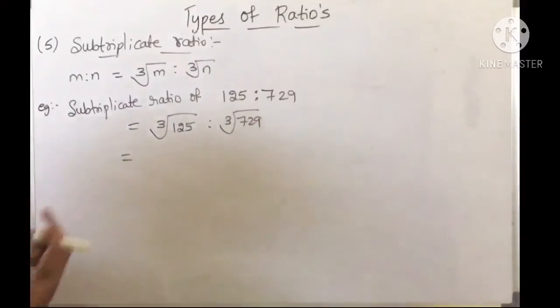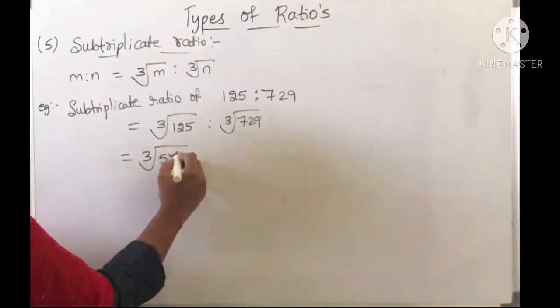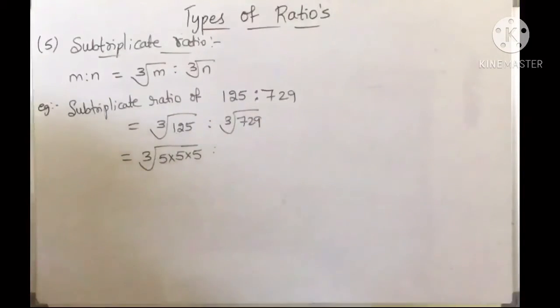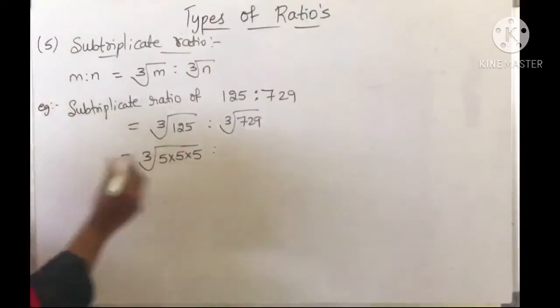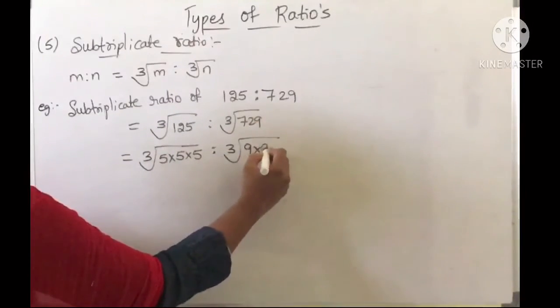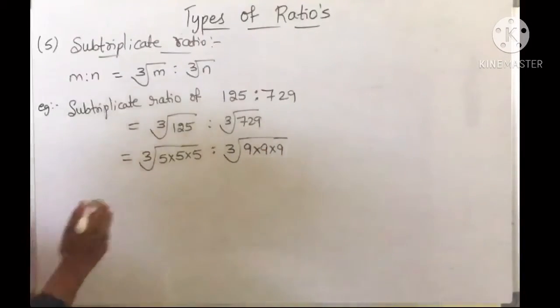If you find the prime factorization here, you will get 5 into 5 into 5. 5 fives are 25, 25 fives are 125. And if you find the prime factorization of this, you will get 9 into 9 into 9. 9 nines are 81, 81 nines are 729.